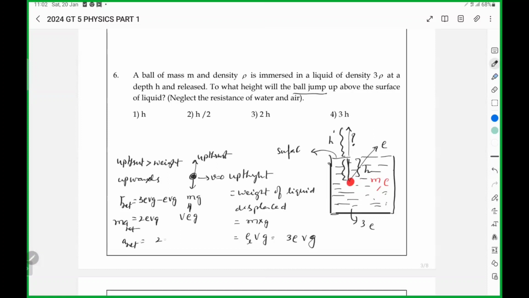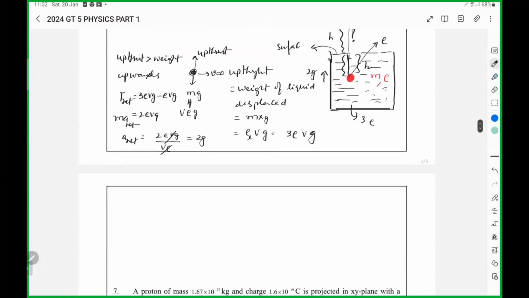Mass is V into rho. So it moves up with an acceleration 2g to reach a surface at a height h.